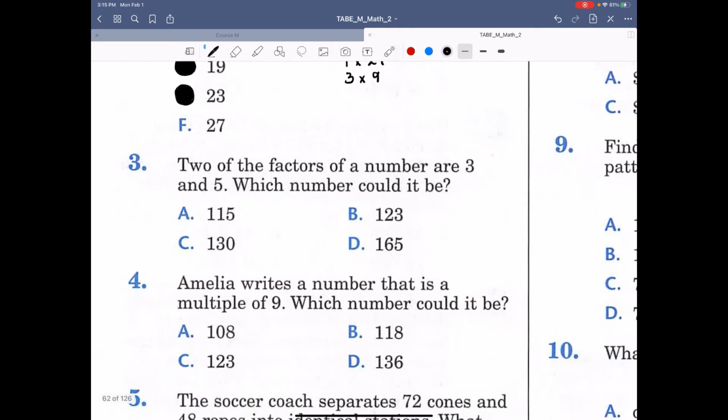Number 3. 2 of the factors of a number are 3 and 5. Which number could it be? So we know that our answer must be divisible by 3 and 5.